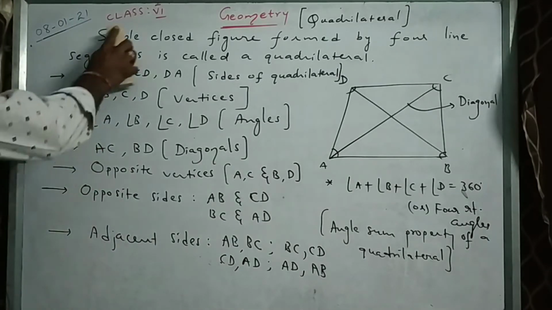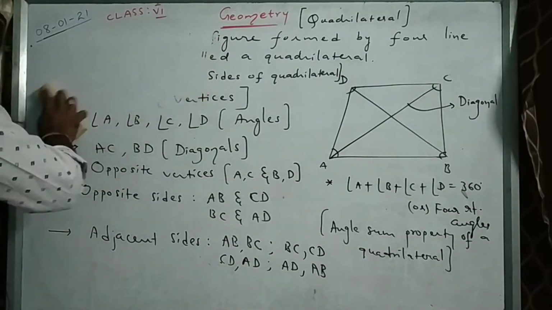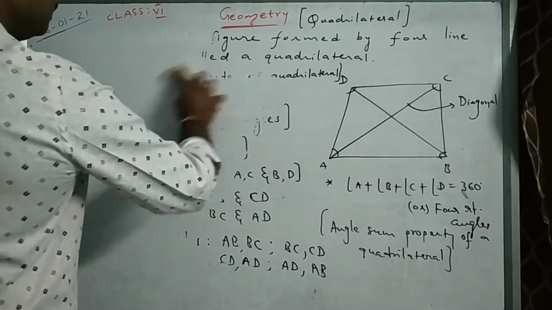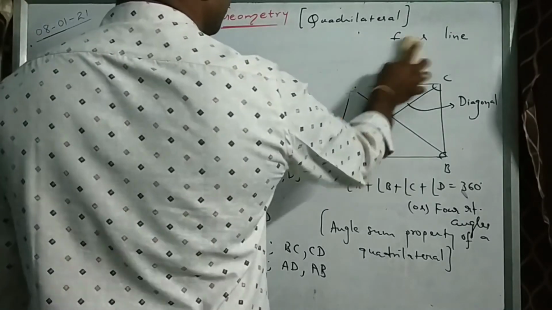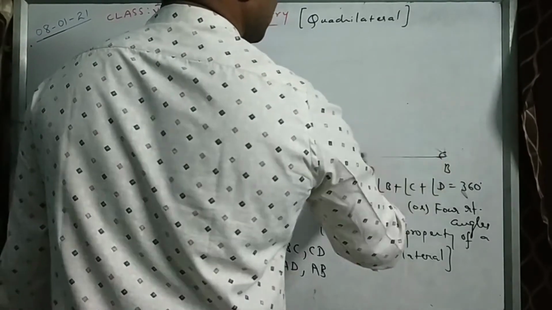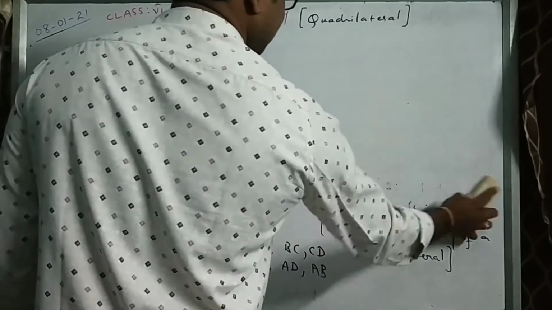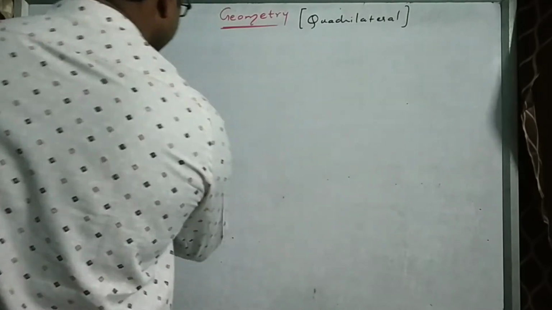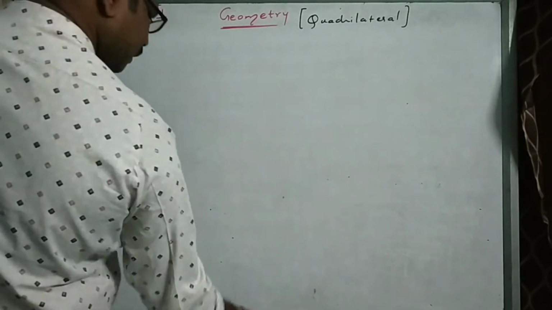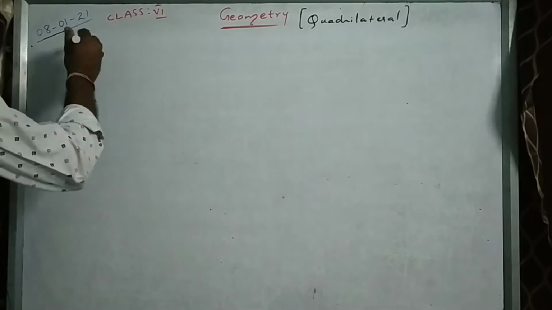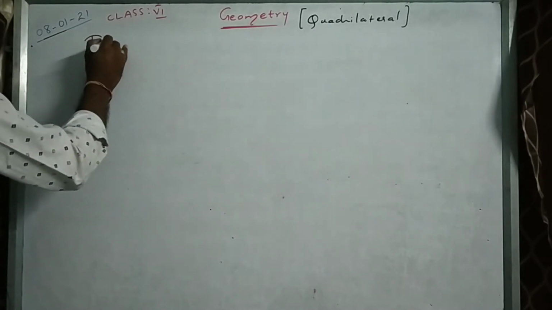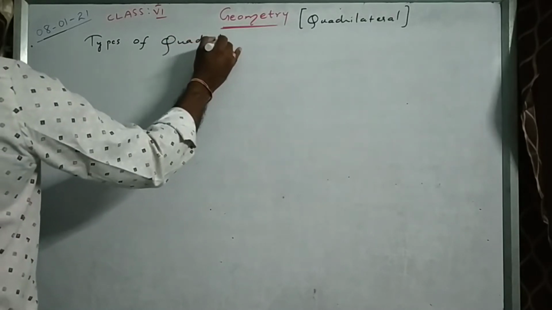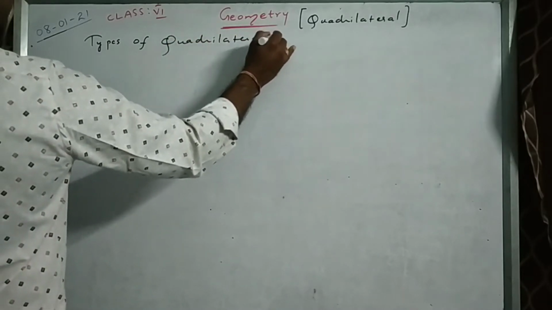So we have particular types of quadrilaterals. I'll explain later. Now just see how many types of quadrilaterals we have. That we will learn later. I'll just tell you the names and we'll do some problems. Types of quadrilaterals. What is a quadrilateral?